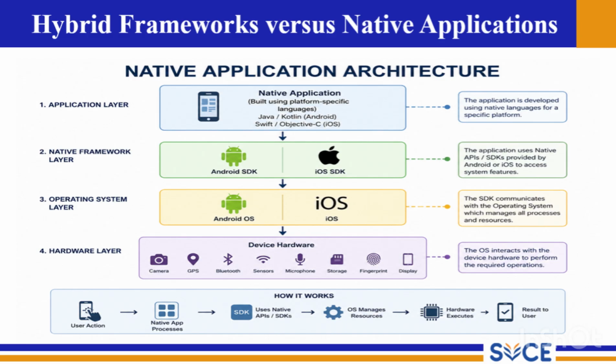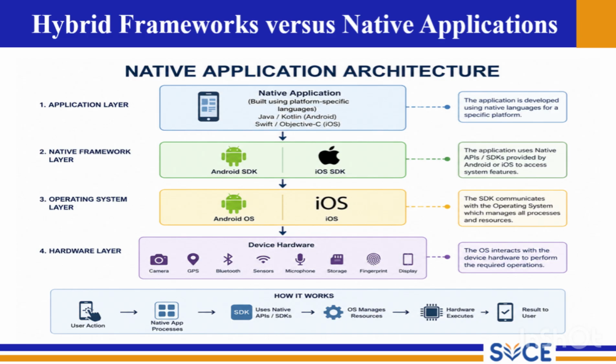These hardware components perform the actual operations requested by the application. For instance, when the user opens the camera application, the operating system activates the camera hardware. Similarly, when a navigation application requests the user's location, the GPS hardware provides the location information.